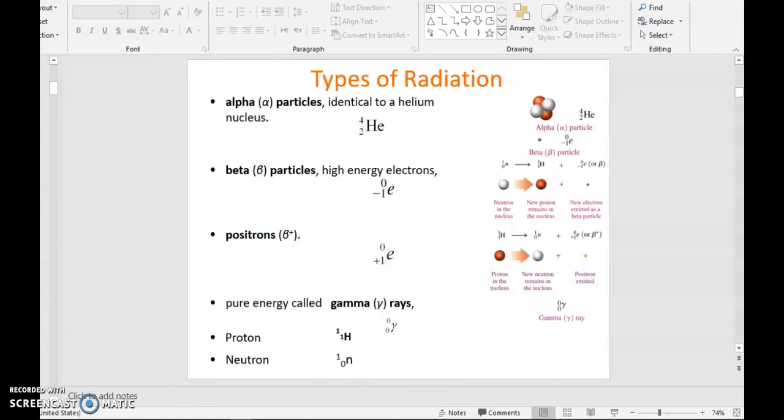There are several types of radiation. We have alpha radiation, beta radiation, positron radiation, gamma radiation, X-ray radiation, proton radiation, and neutron radiation. All of these are types of radiation.